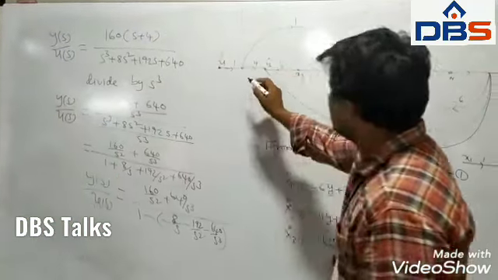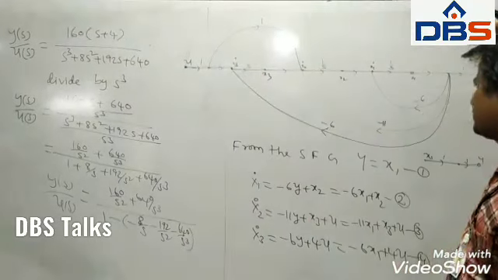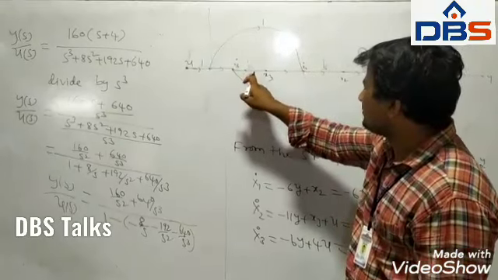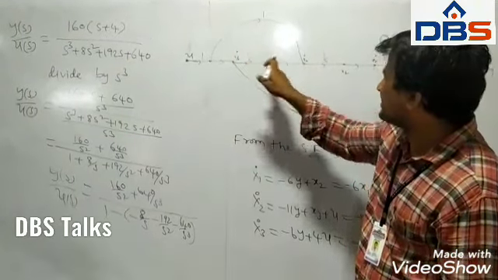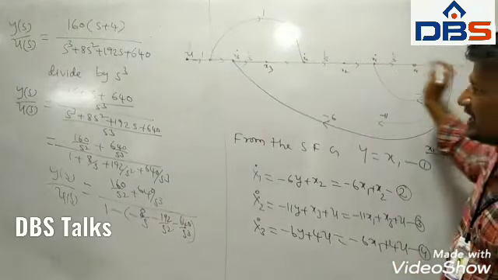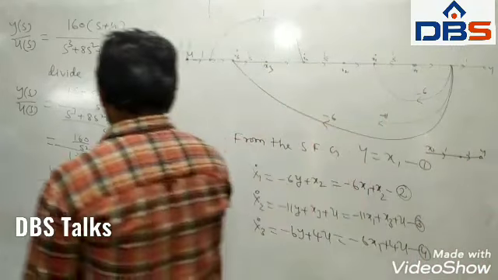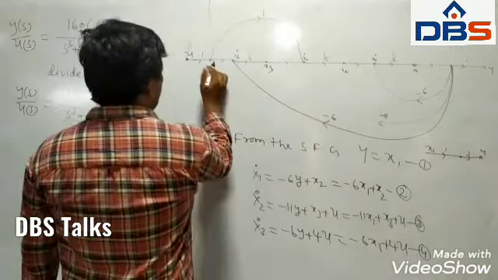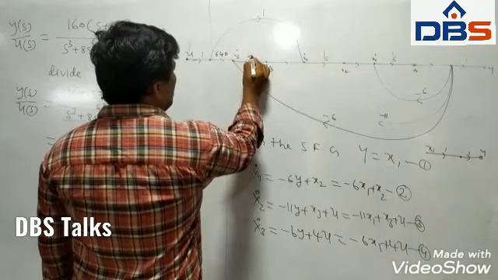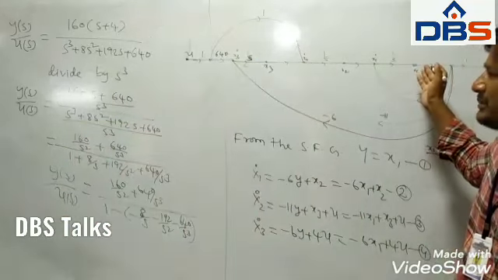So as usual, x1, x1 bar, x2 bar, x3 bar. In between the two, we put 1 by s. Also the output is y and the input is u. The first one is 640 by s cube. So in place of the gain, we put 640 into 1 by s into 1 by s into 1 by s, that is nothing but 640 by s cube.